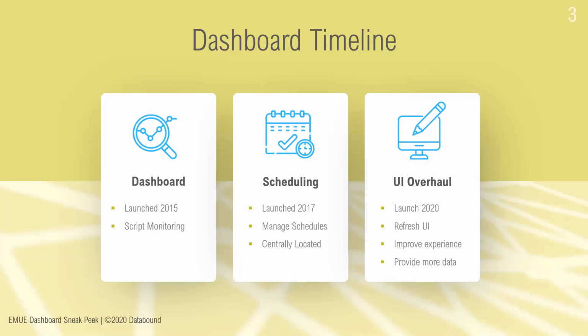But we added this to have a centrally located place to schedule scripts, so it gives you the ability to set something up and schedule it. If something has a schedule, you can also go to the dashboard and launch it manually. You can terminate something from the dashboard as well. All that functionality we added to give you more control of what your scripts are doing.